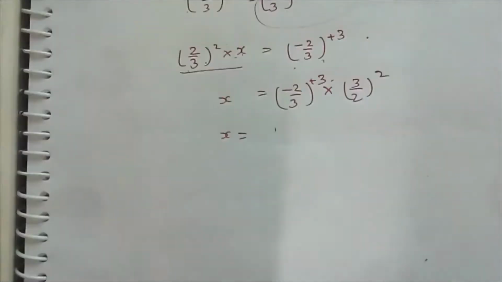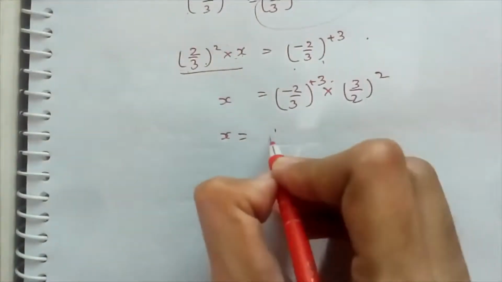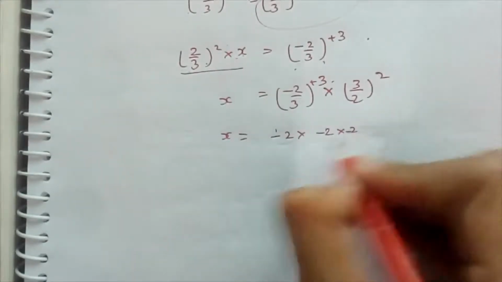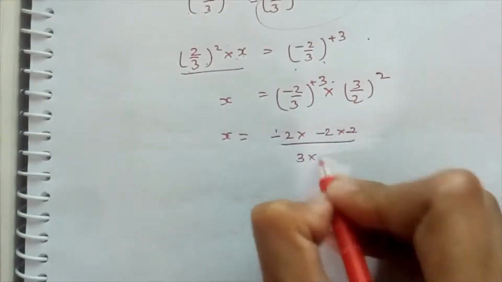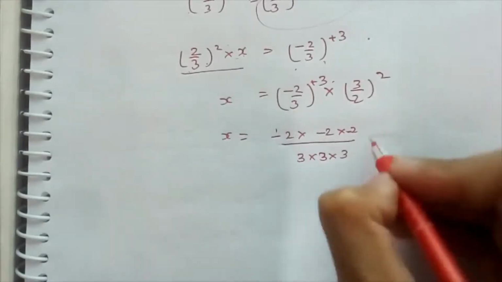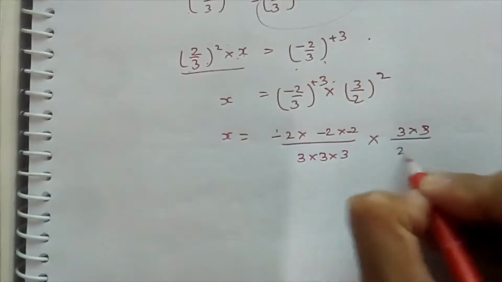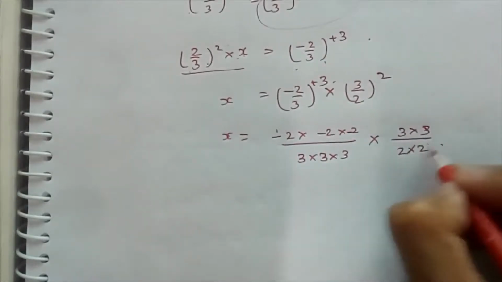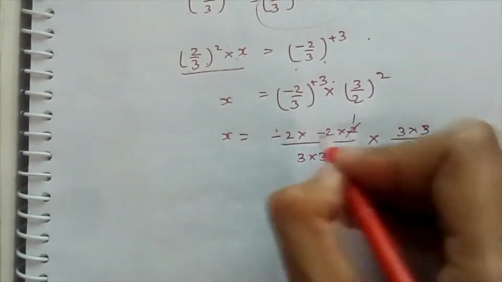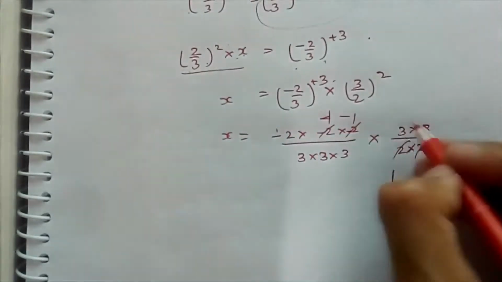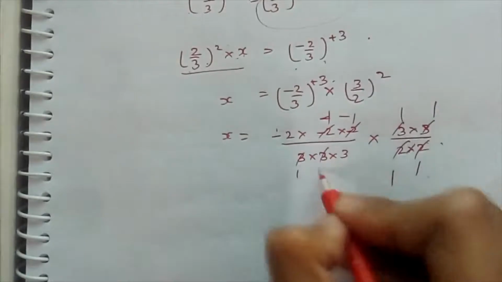Solving it, minus 2. Two ones are two, always it's minus 1 power. Three ones are three.